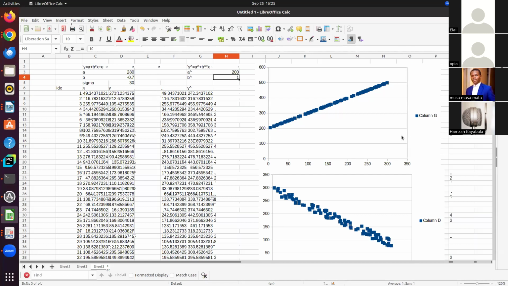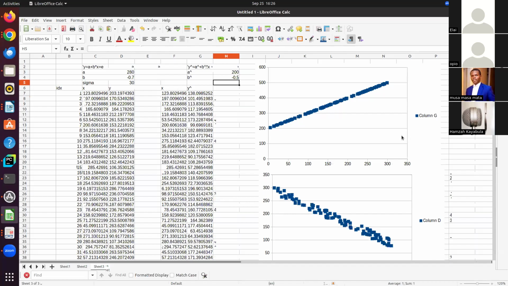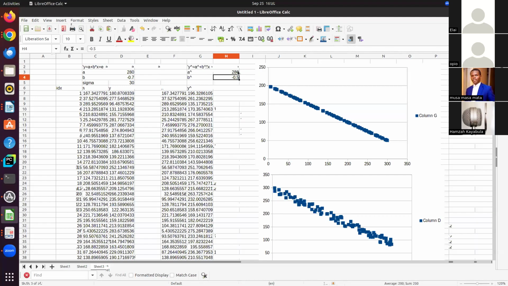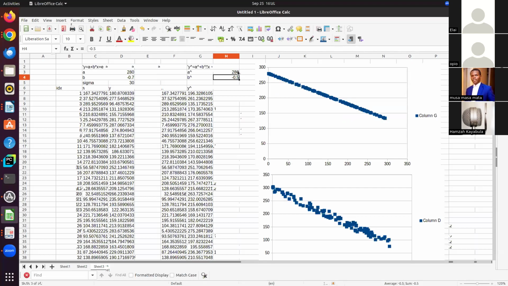If I write here minus 0.5, I'll get a chart like this. And by the way, if I use the same parameters, it would be almost the same, just all the dots would be on the straight line. Let's put here 280, and let's put here minus 0.7.